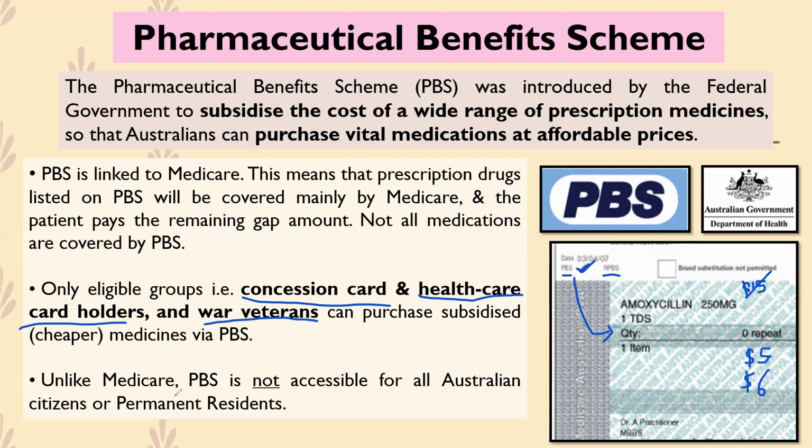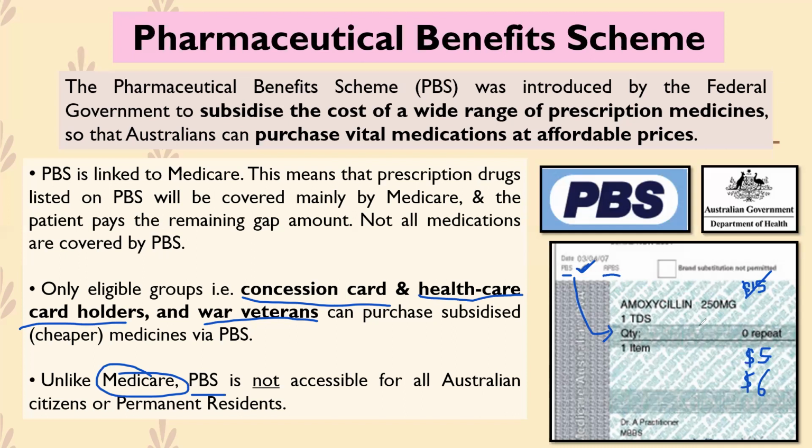So we talked about a similarity between Medicare and PBS, but we also need to talk about a difference. Even though Medicare is accessible to all people, that all people can go to the doctor, show the Medicare green card and get a doctor's appointment, PBS is not accessible to all people. So if you don't have a concession card or a healthcare card, you can't access PBS. Okay, for example, I don't have a concession card or healthcare card.